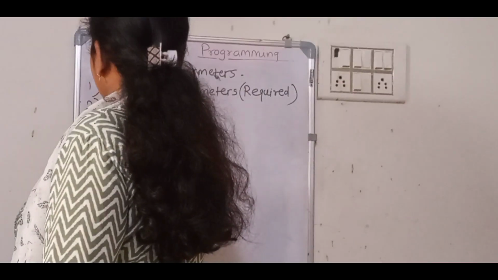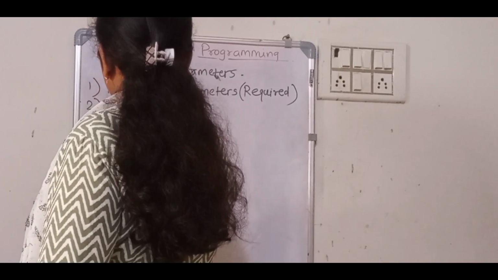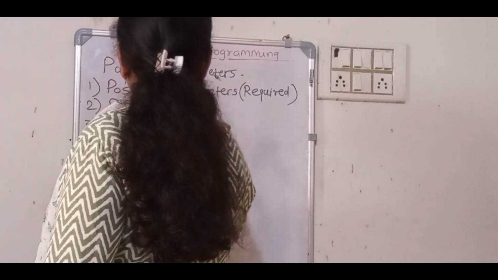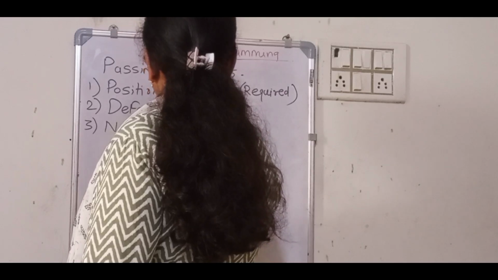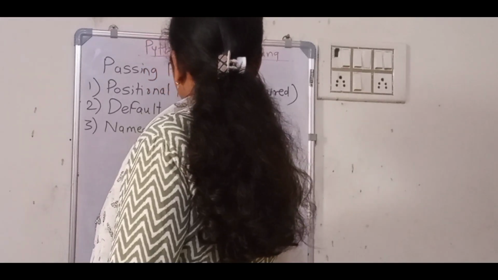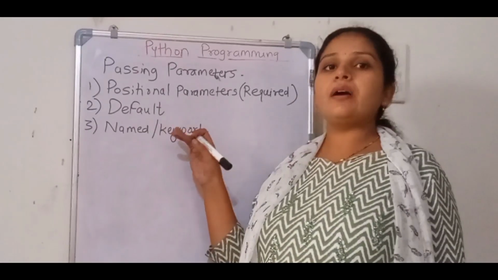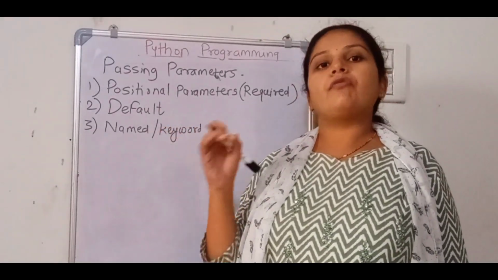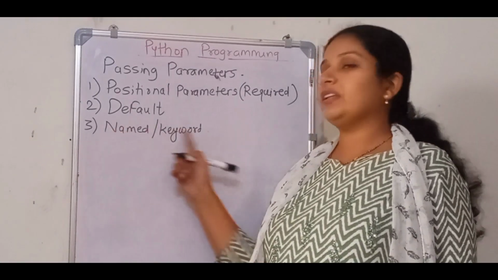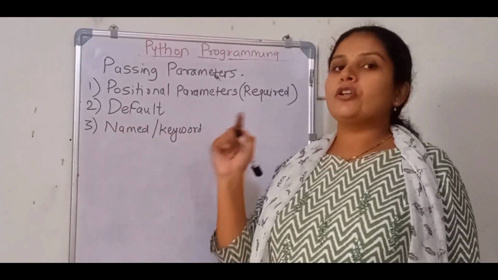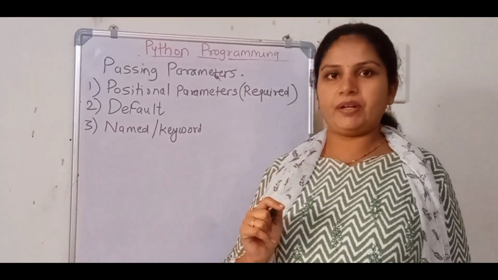And the third one is the named parameters, also called as the keyword. Named parameters or keyword parameters. Here, while calling the function, we are giving the name or keyword to that specific parameter.